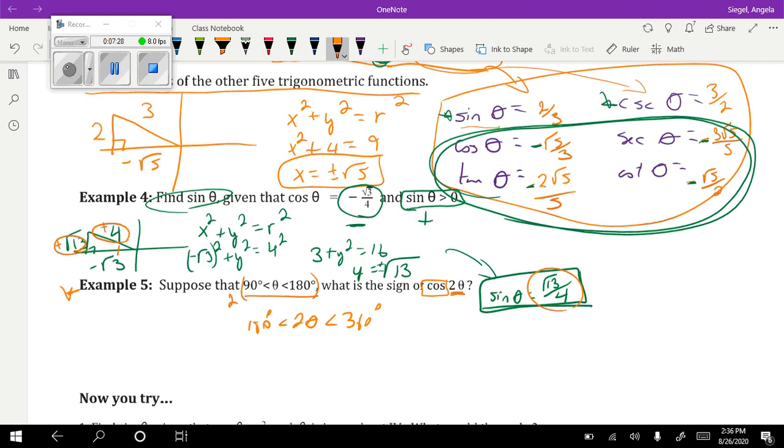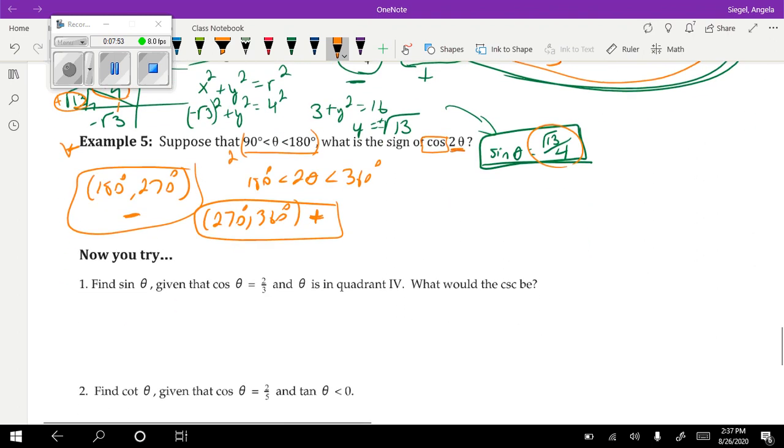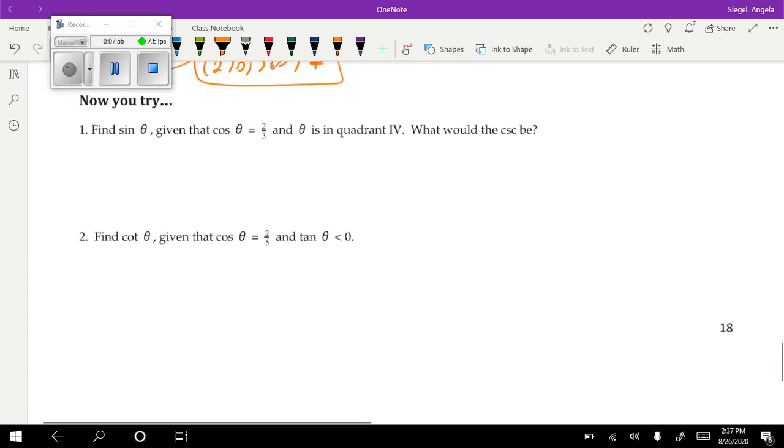When your angle is between 180 and 270, cosine is going to be negative because that's in quadrant 3. And when your angle is between 270 and 360, your cosine is going to be positive because it's in quadrant 4. That just gets you to think about some things. Go ahead and try these 2 problems, and then you'll be done.